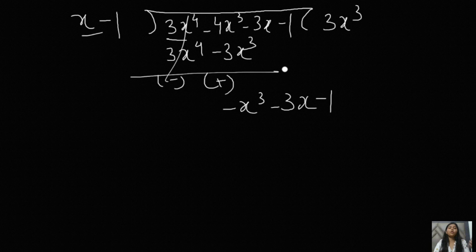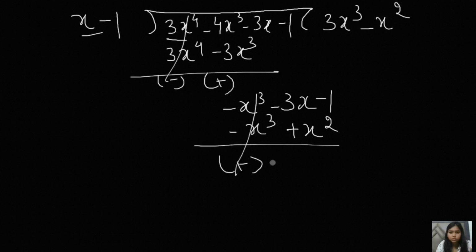Okay, so it will be like minus x square minus 3x minus 1. Then again divide this. Change the signs. We'll get minus 4x minus 1.